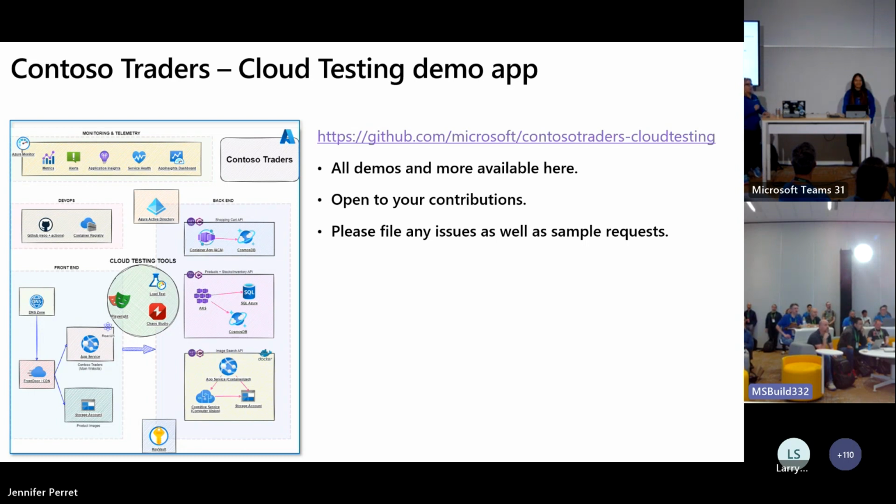Did anyone see load testing in several of the sessions today? In Amanda Silver's, okay. Did anyone see Scott Hunter and Brendan Burns' session? Nice, I see some nods. Excellent. Okay, so with load testing, we had two different examples in those sessions.